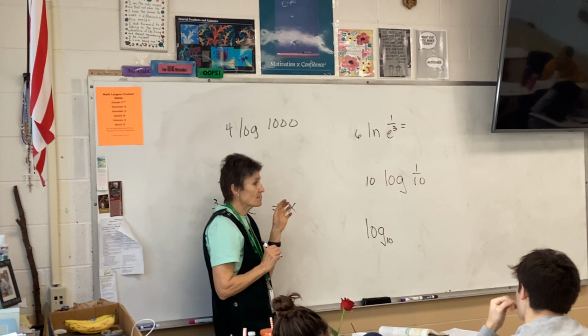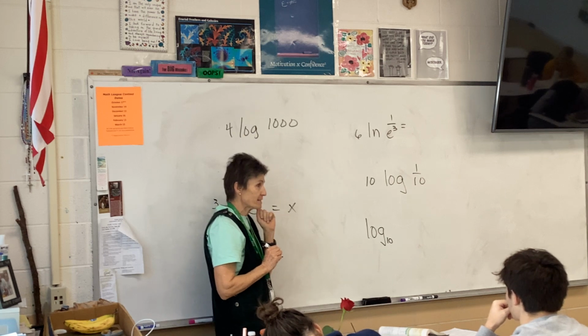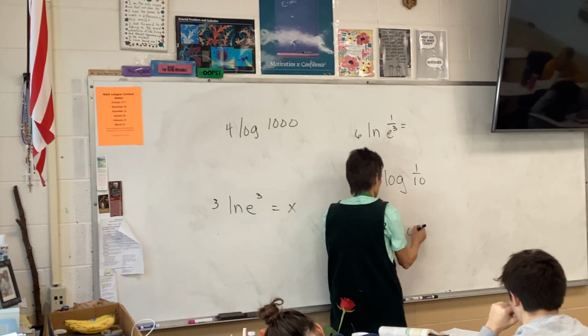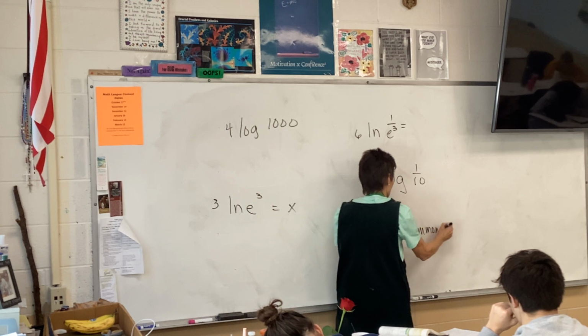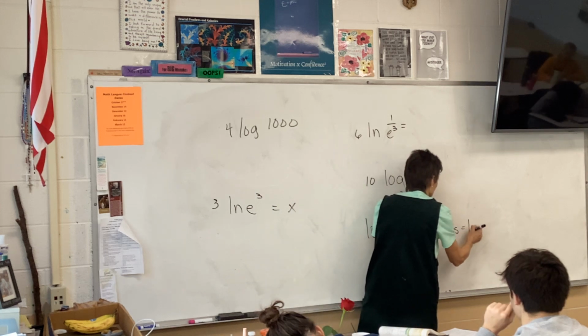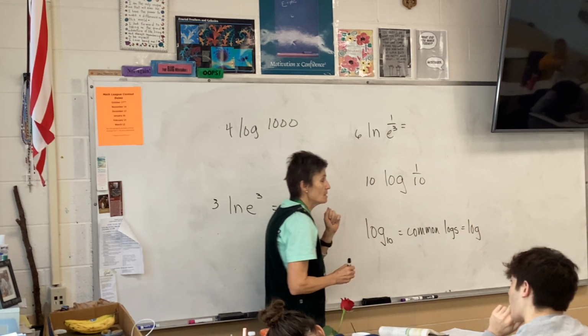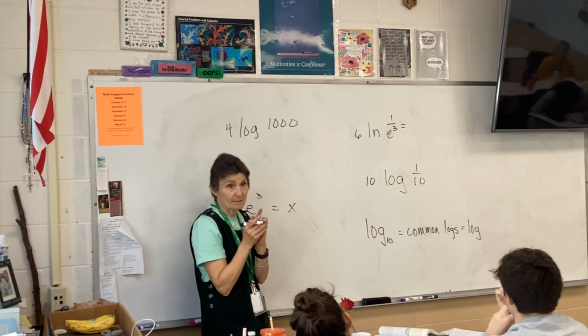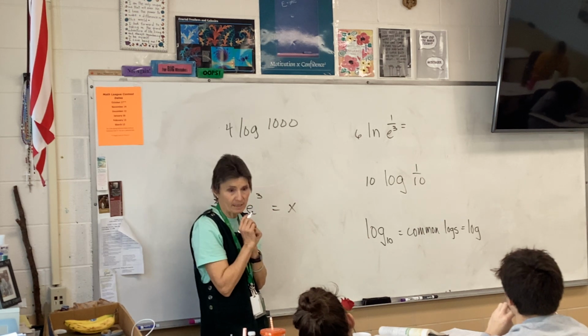When there's no base written, it means base 10. These are called common logs, and their symbol is LOG. So if there's a base there, great. But if there's not, and it says LOG, put a 10 in. Okay?